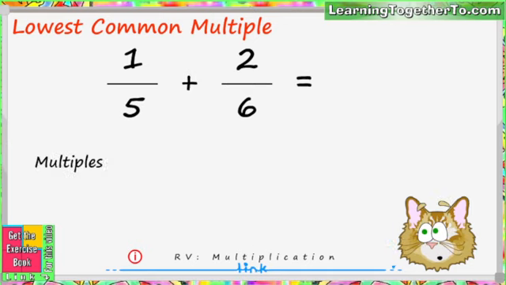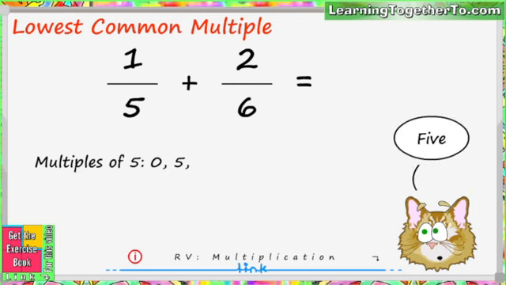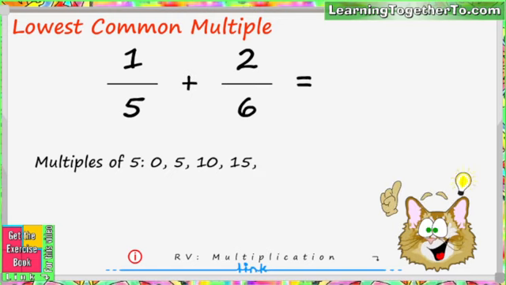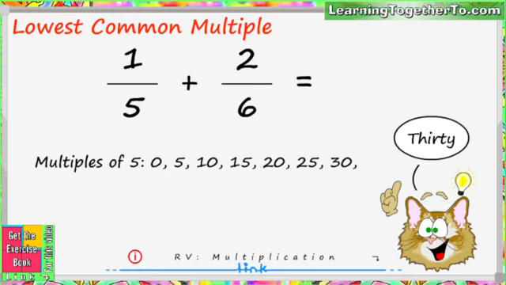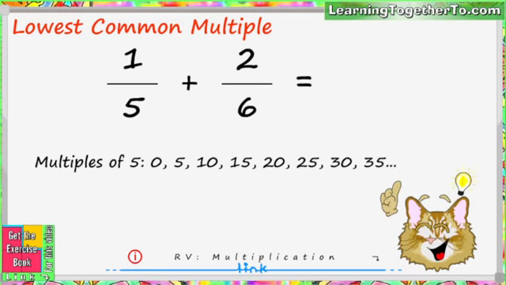Some of the multiples of 5 are 0, 5, 10, 15, 20, 25, 30, 35, and so on. Very good, Frank. We know these multiples because we know our multiplication tables.